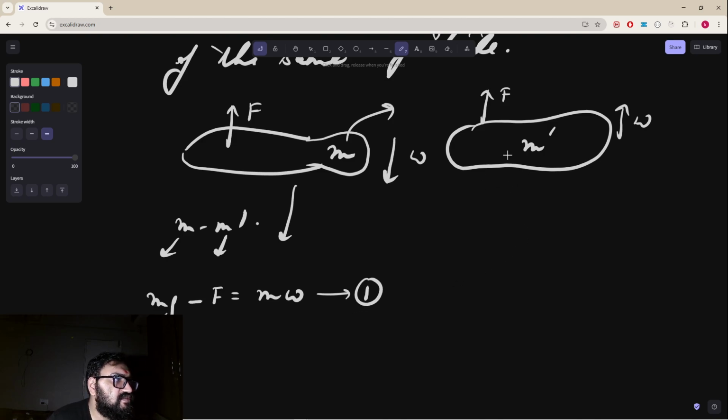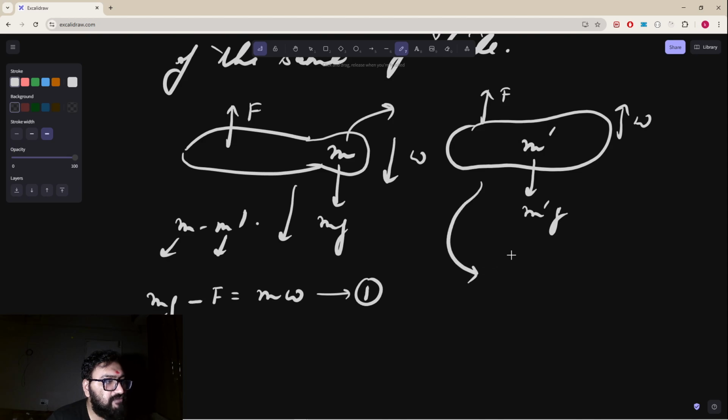For the second case, if I want to draw a free body diagram, I'll have to mention all the forces: m dash g acting downwards, F acting upwards. Here this is my acceleration in the upward direction. Based on this FBD, I'll write down one more equation.